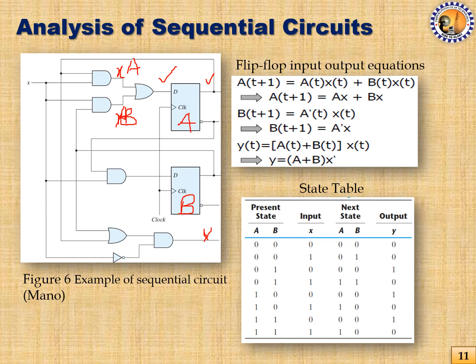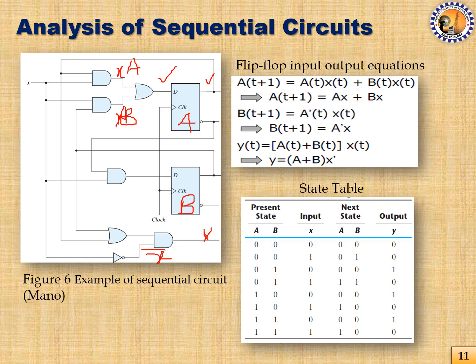Similarly, for the other one, it is A bar X. We can easily work out for here it is A bar X, and then the final output, as you can see, the output of the sequential circuit Y over here is basically X bar, and this input is X bar, and the other one is coming from the output of the OR gate.